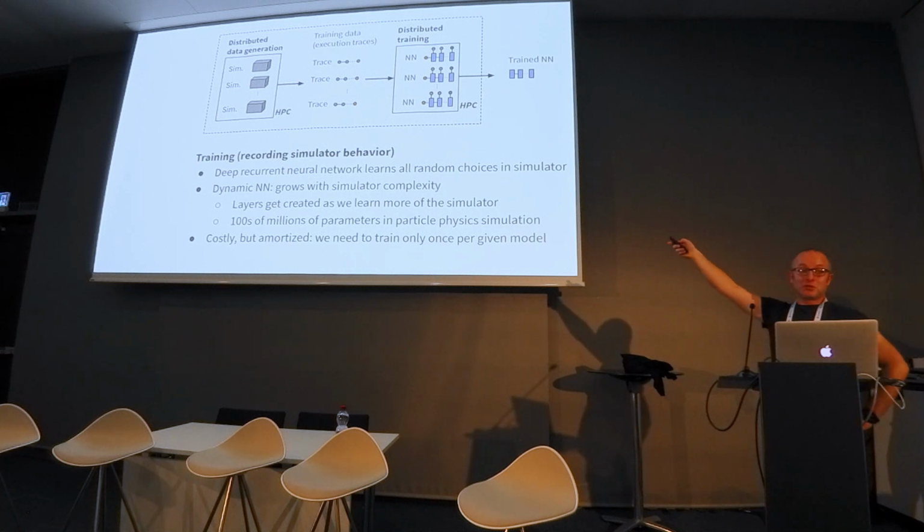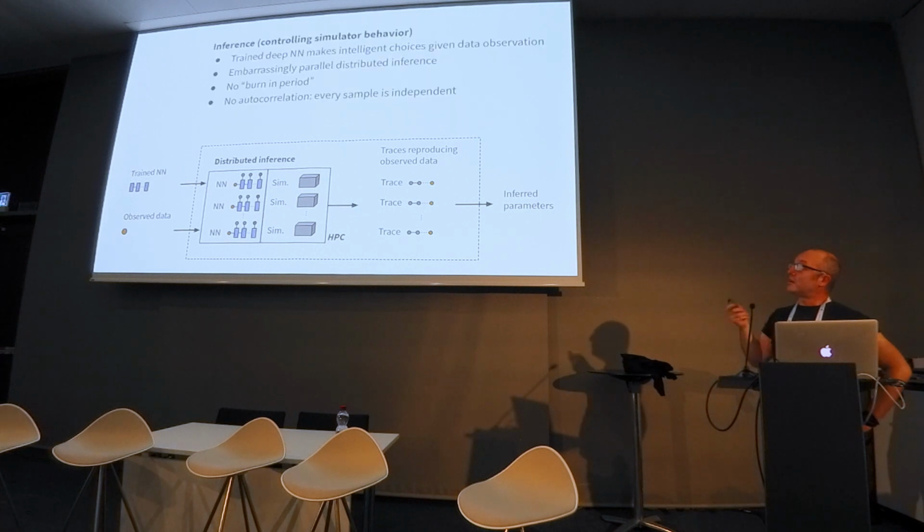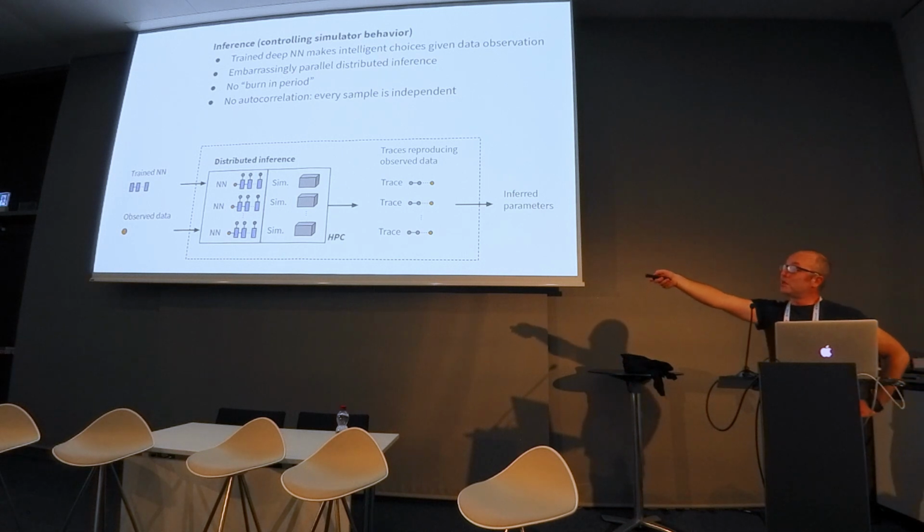You end up with a trained neural network that you can use later for inference in a fast and efficient way. You're just left with that, and you do inference with this. The way it's done is we have the trained neural network.